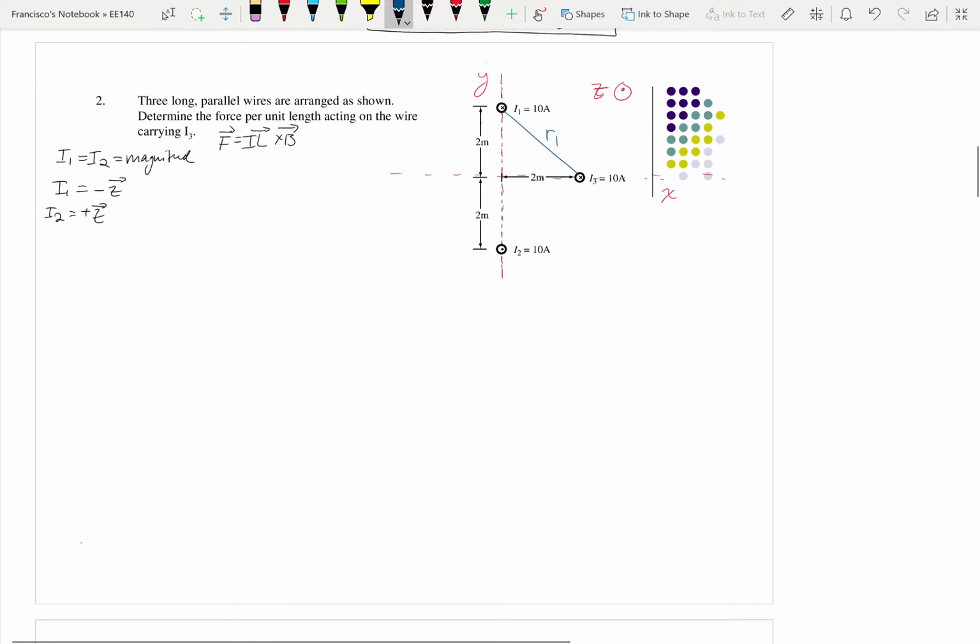Therefore, using Biot-Savart's law and using our right-hand rule, we know that the magnetic field at I3 due to the current I1 is going to go this way here. So let's call this B1.